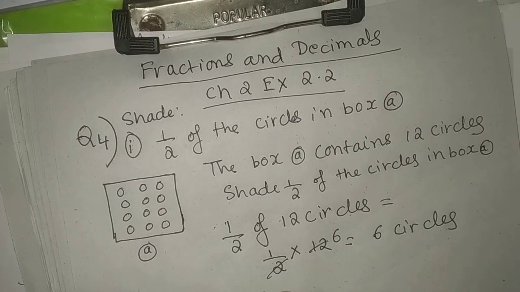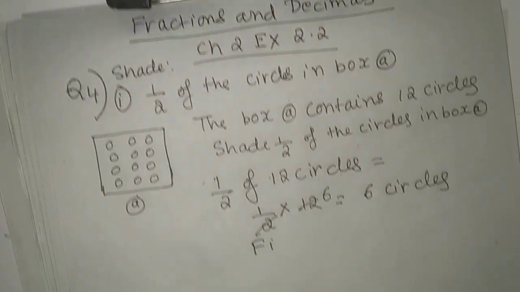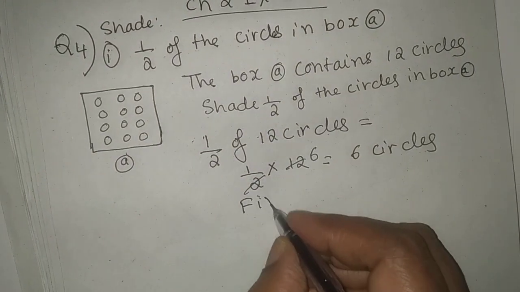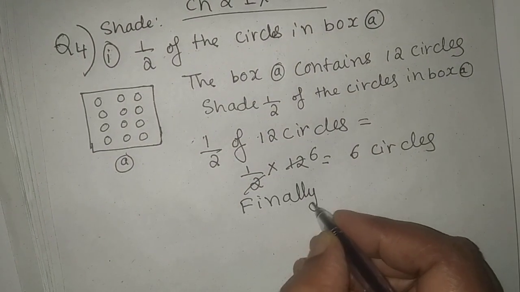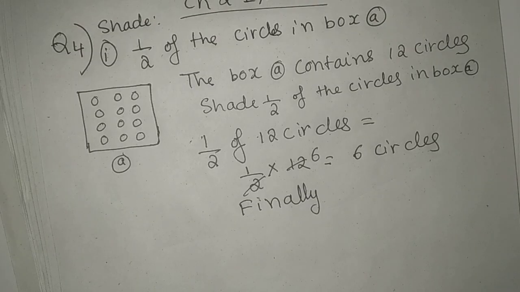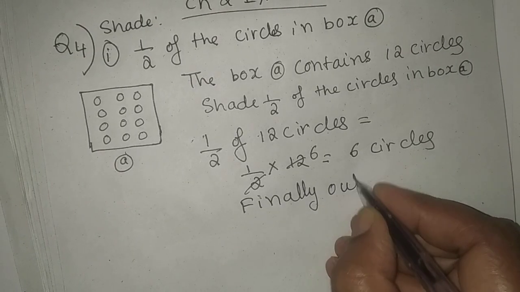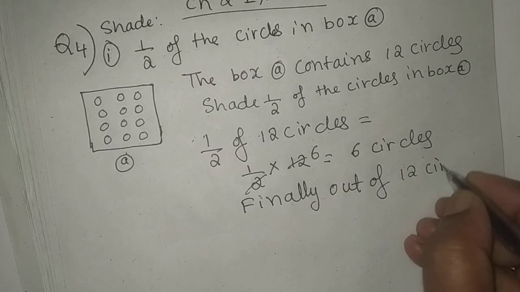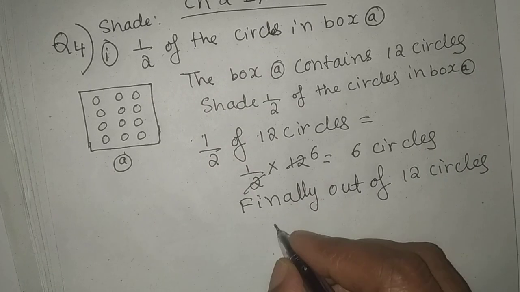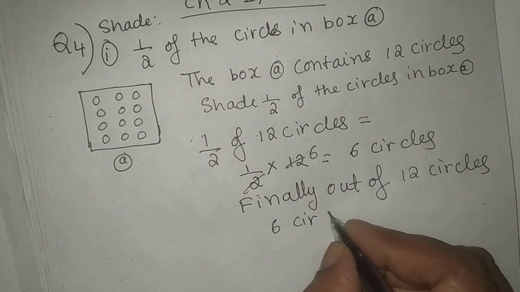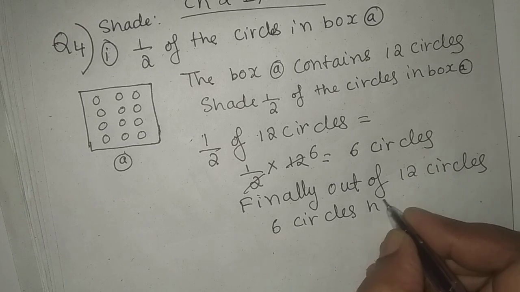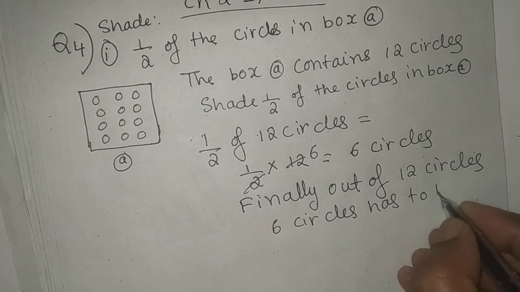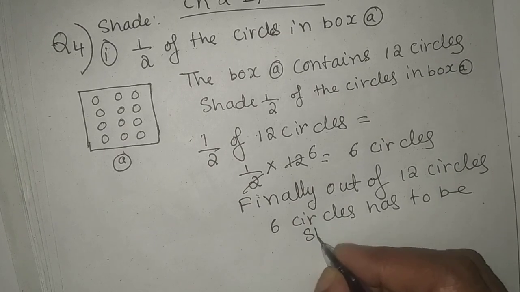So finally, out of 12 circles, 6 circles has to be shaded.